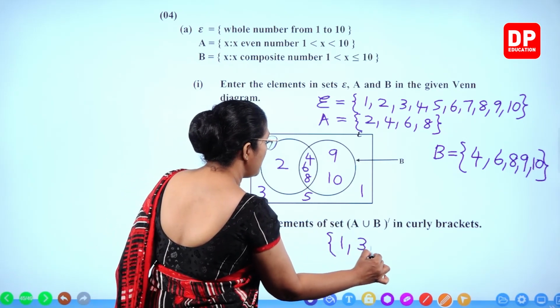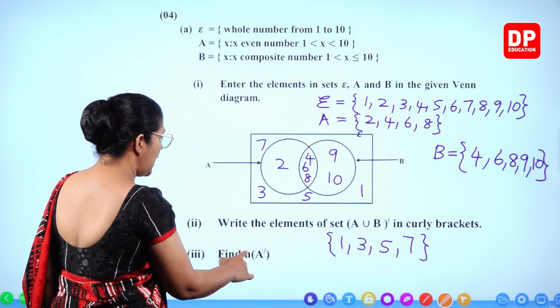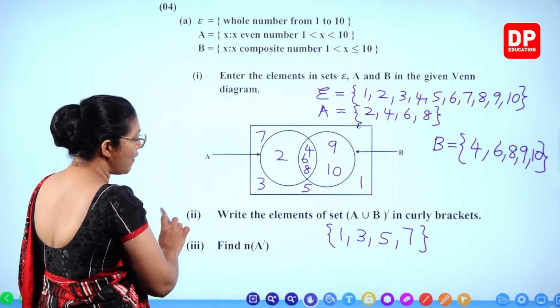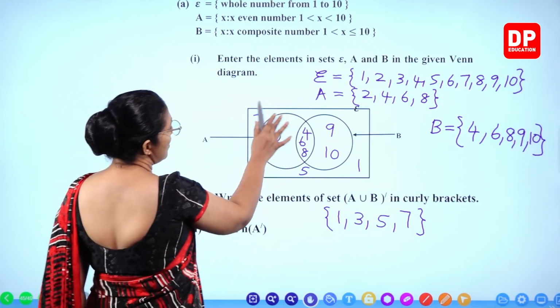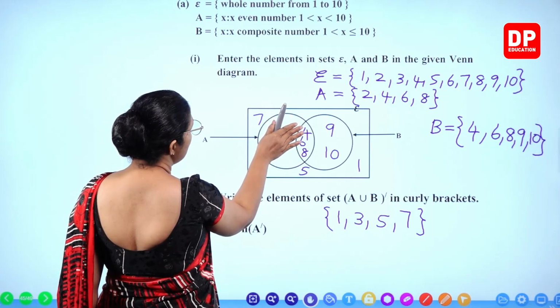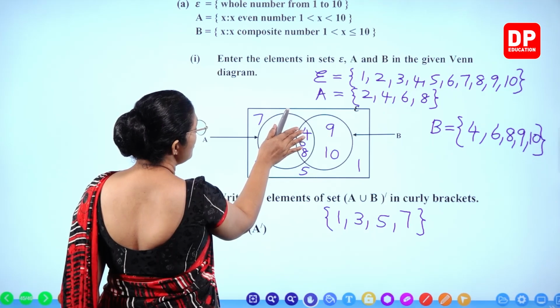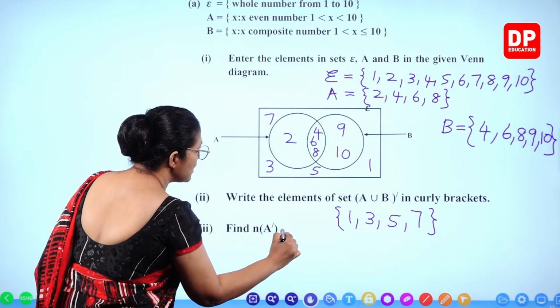1, 3, 5, 7. Then find n(A dash). What is n(A dash)? Number of elements outside A. Cover up the circle A. How many numbers outside? 1, 2, 3, 4, 5, 6. 6 numbers are outside.